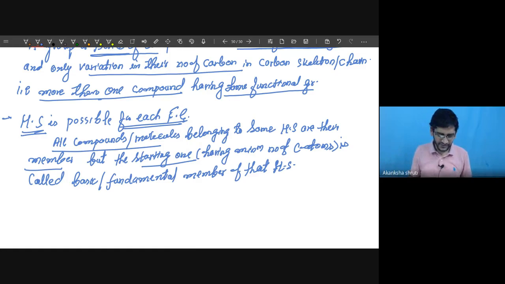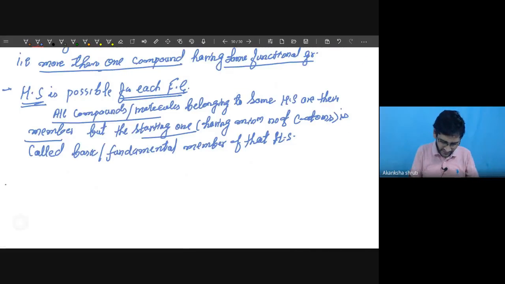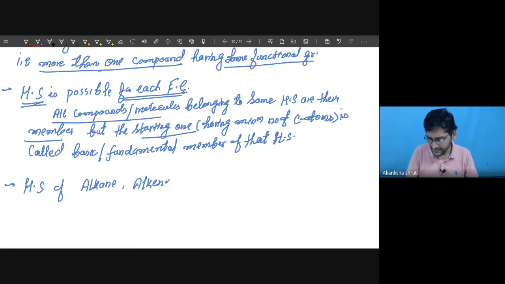Let us understand. So considering the homologous series of maybe your alkane, just wait a minute, let me finish this. Alkene, alkyne, aldehyde, everything we have to write.